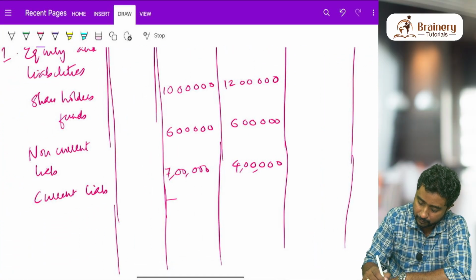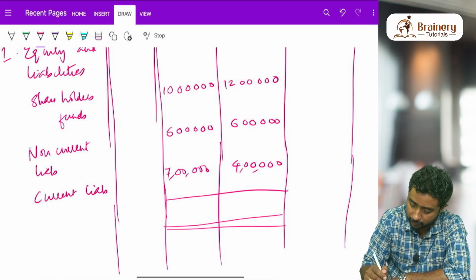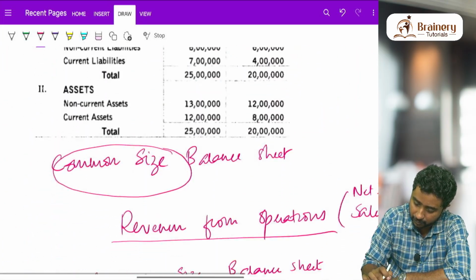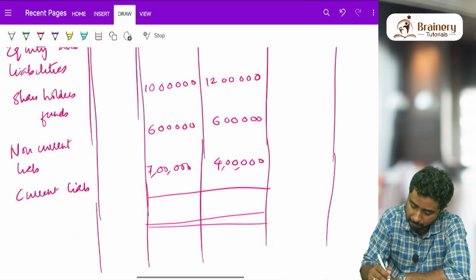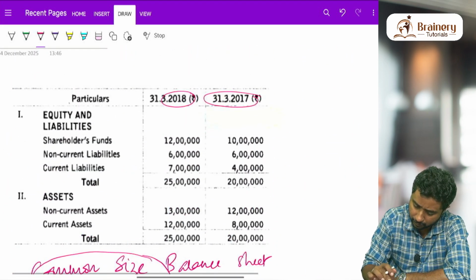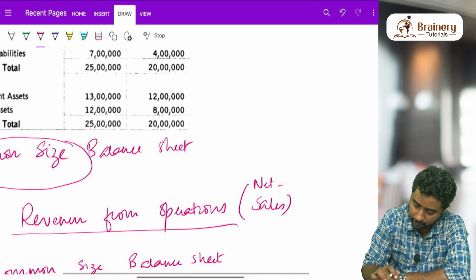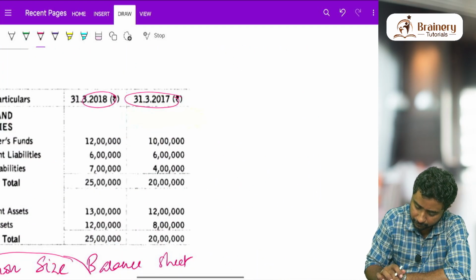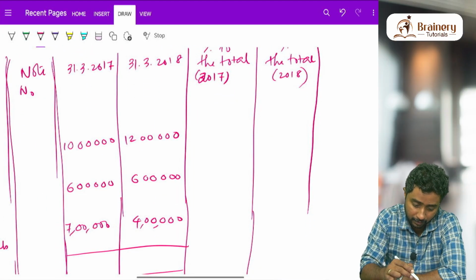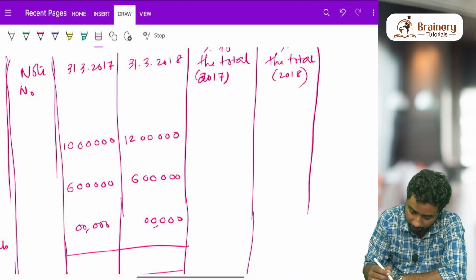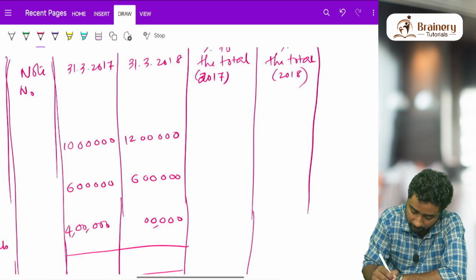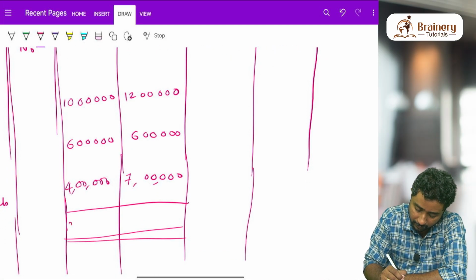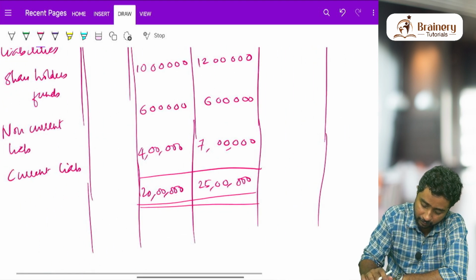After this, just as it is given, we show the total. Sorry, the first one is 20 lakhs. I have recorded the amount wrongly. Here I recorded this 7 for current year, which was actually the previous year amount. So here it is 20 lakhs, and here it is 25 lakhs. After this we are going to the assets.